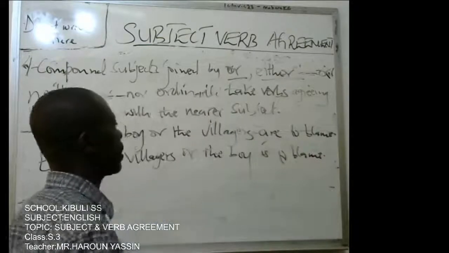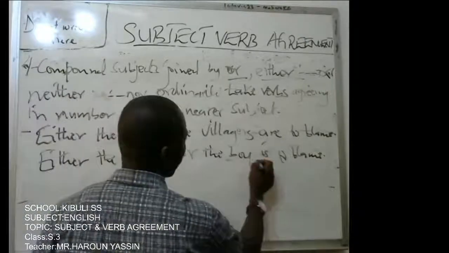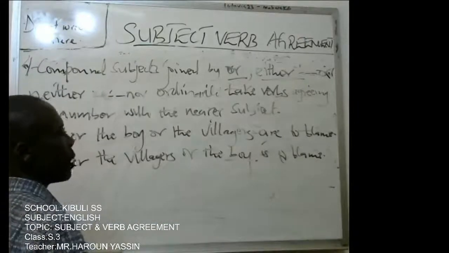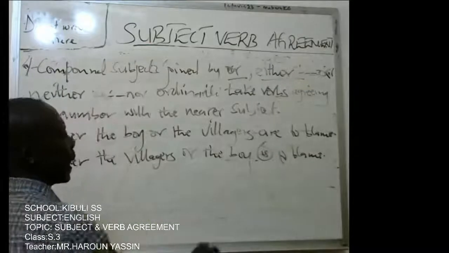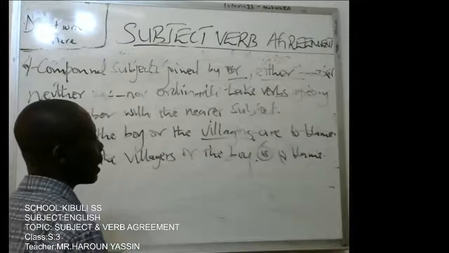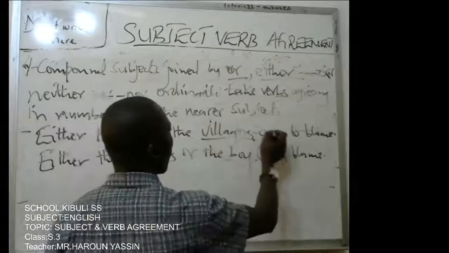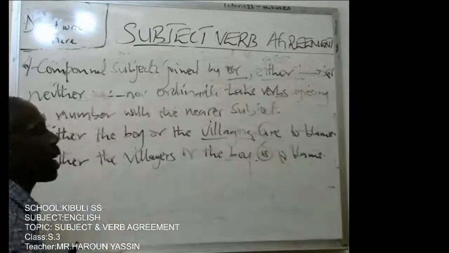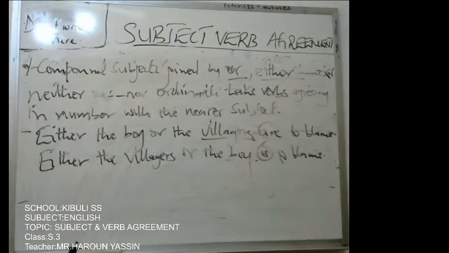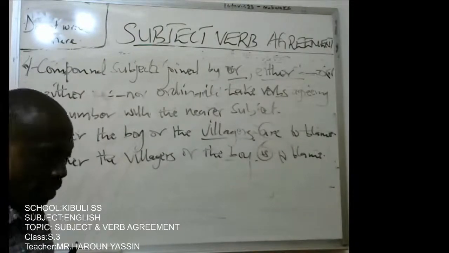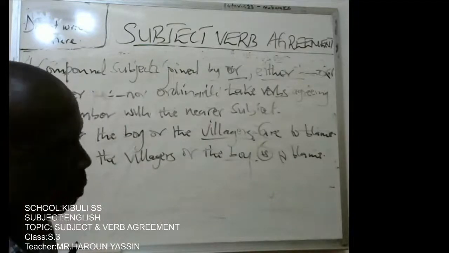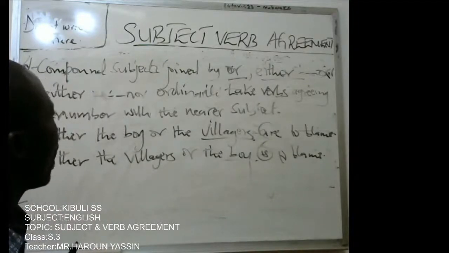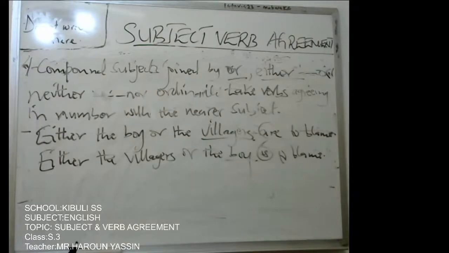The nearer subject in the first is the villagers, which is plural, and therefore our verb has to be plural: "are," the form of the verb to be in plural. In the second, the nearer subject is the boy, which is singular, therefore our verb has to be singular. So basically, that is it with rule number 4.